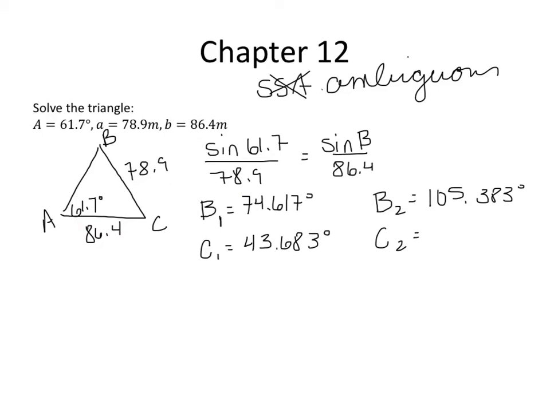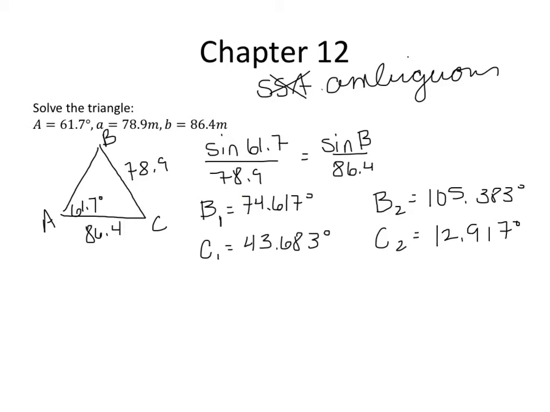To find C sub 2, I go through the exact same process. 180 minus 61.7 minus 105.383. And from there, I find that I get 12.917 degrees. This means that two triangles do exist.